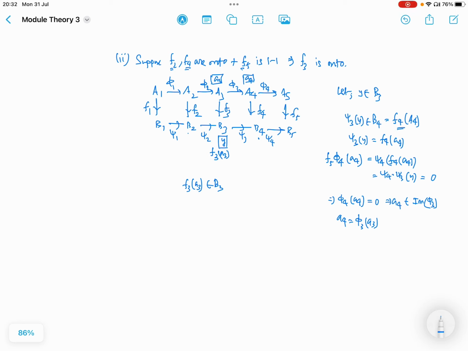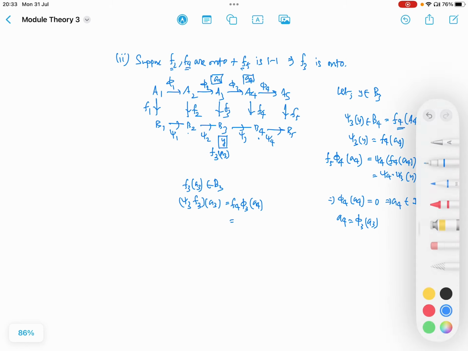So now just apply psi 3 to it. So psi 3 of F3 of a is the same as F4 of phi 3 of a, right? Okay. But then, sorry, this will be a.